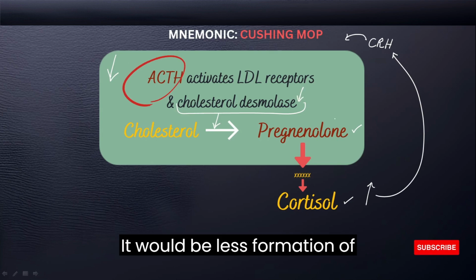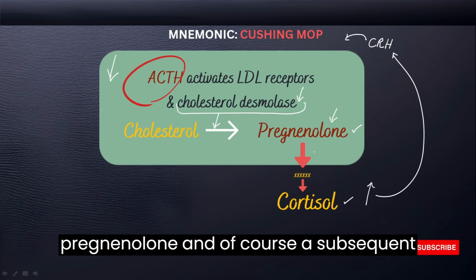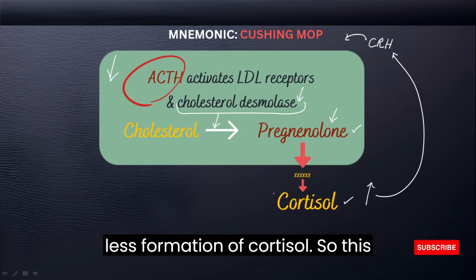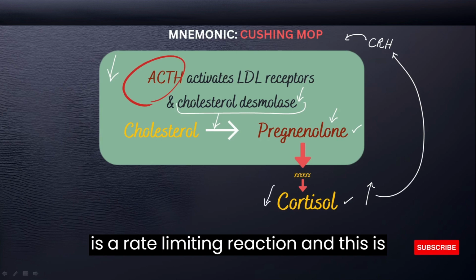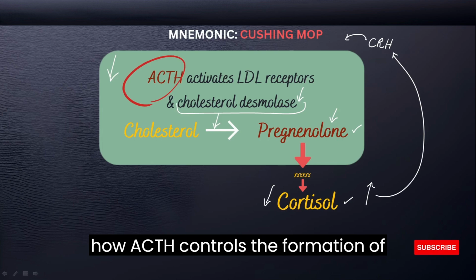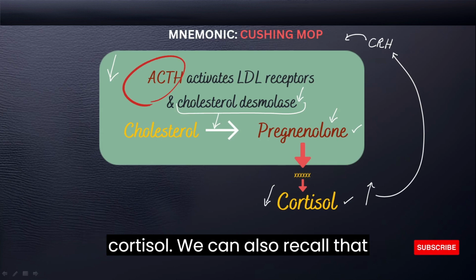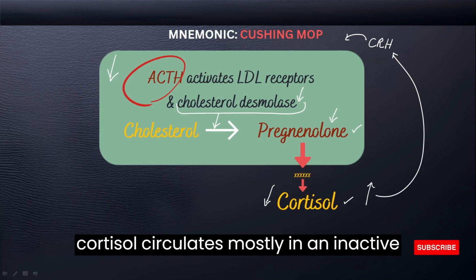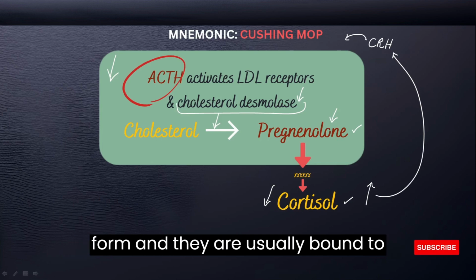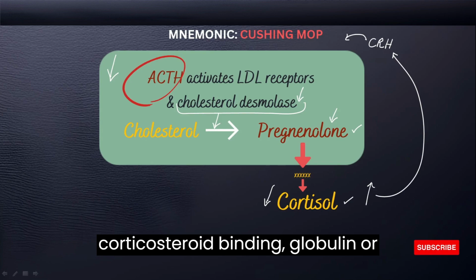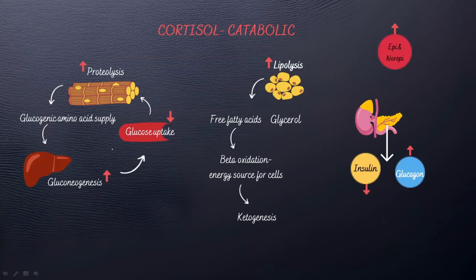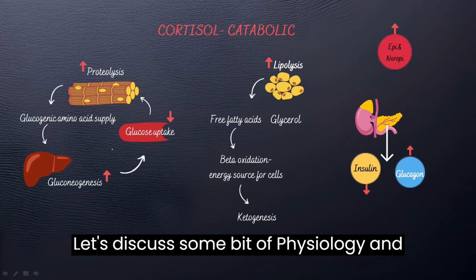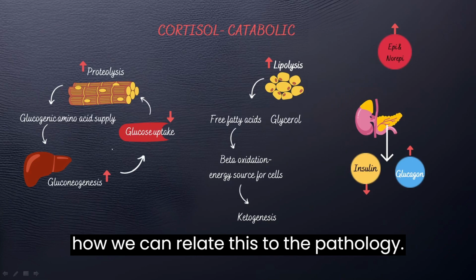There will be less formation of pregnenolone and of course a subsequent less formation of cortisol. So this is a rate limiting reaction, and this is how ACTH controls the formation of cortisol. We can also recall that cortisol circulates mostly in an inactive form, and they are usually bound to corticosteroid binding globulins or albumins.